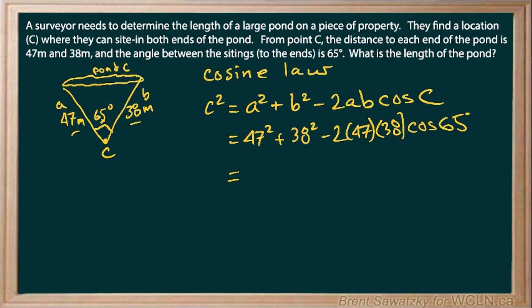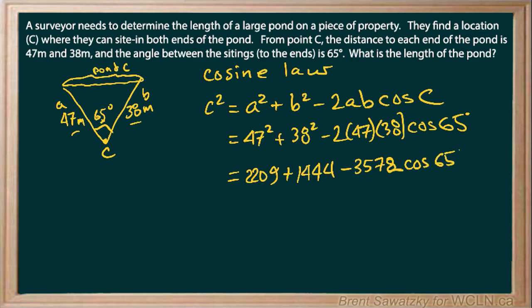In case you're just following along and making sure that you're getting your numbers right as you work through it, let's show an additional step here. So 47 squared, 38 squared, and then multiplying these three numbers together, 3572, whoops, 2, and then cos 65.